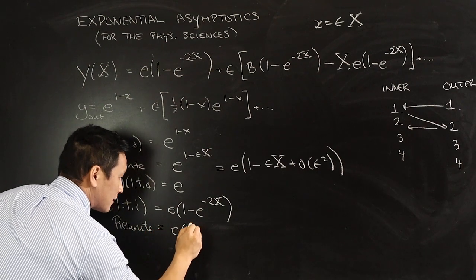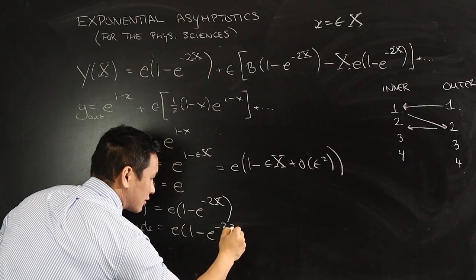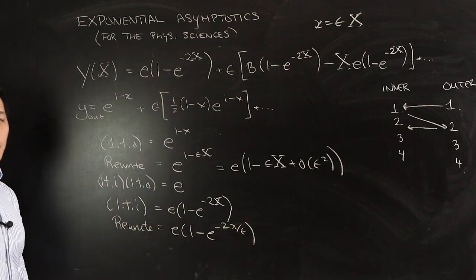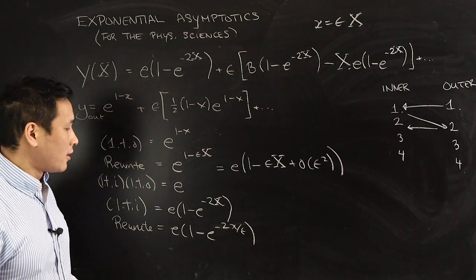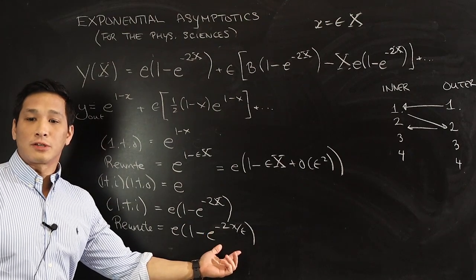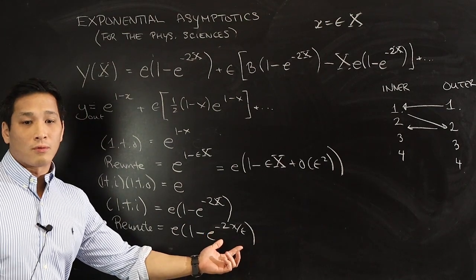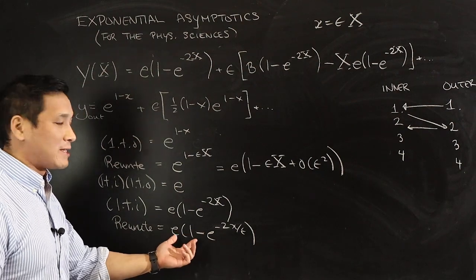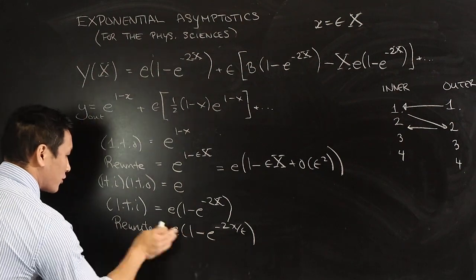So there's now e times 1 minus e to the minus 2 times little x over epsilon. And I'm going to re-expand this expression here and keep only one term. But in this case, the second term here is exponentially small. So the one term expansion is basically the full expression here.